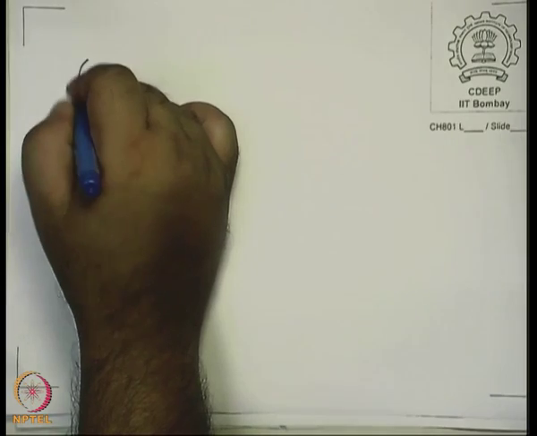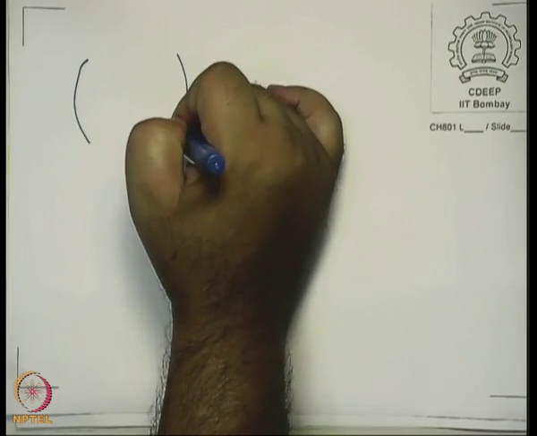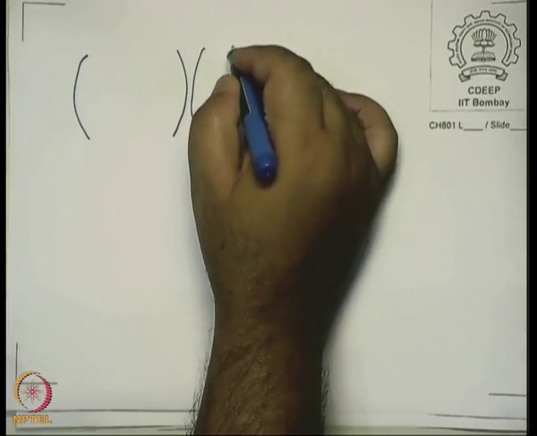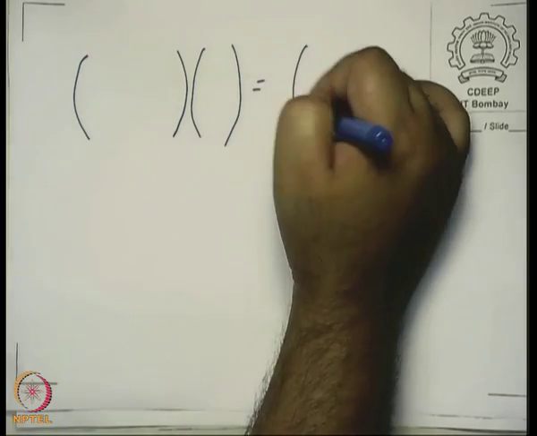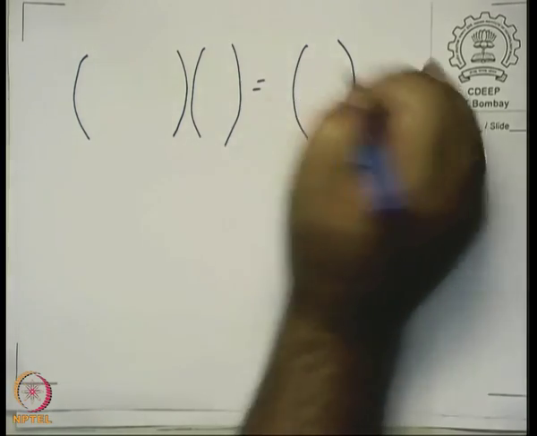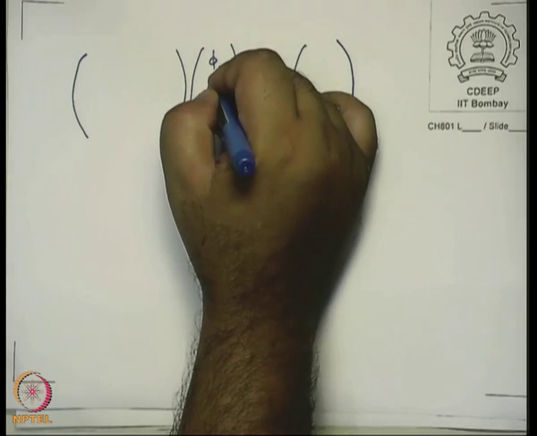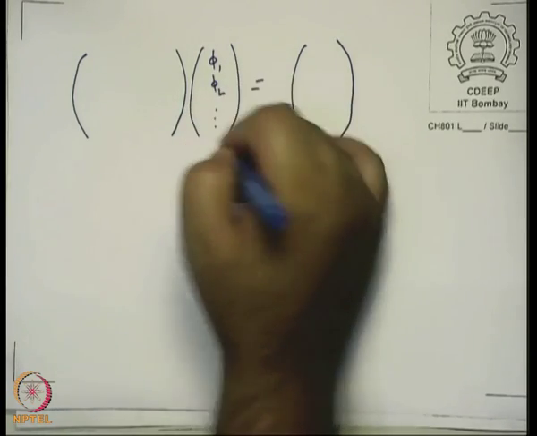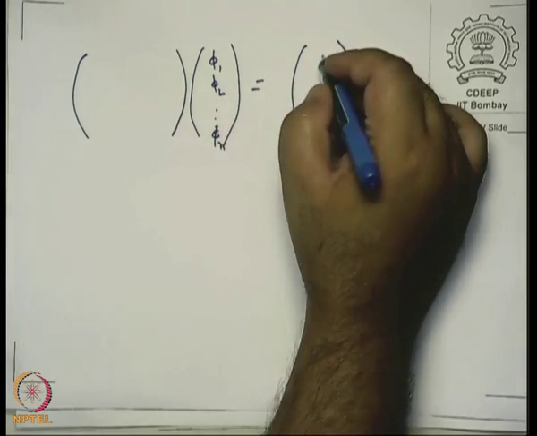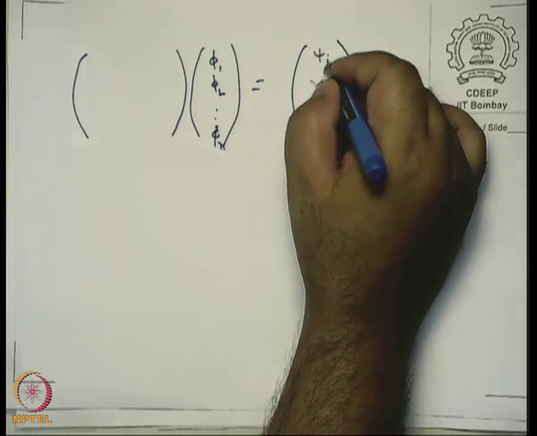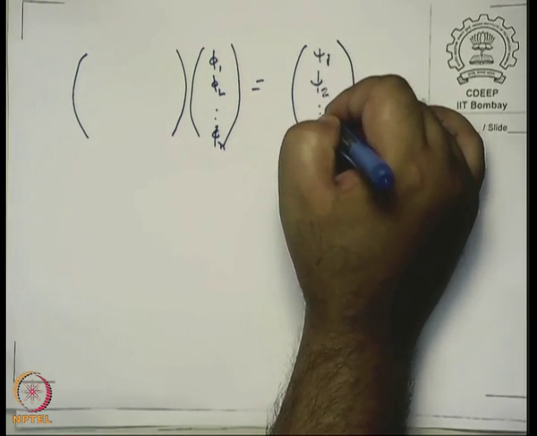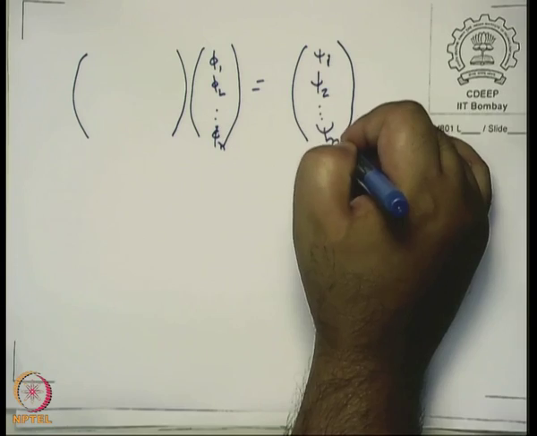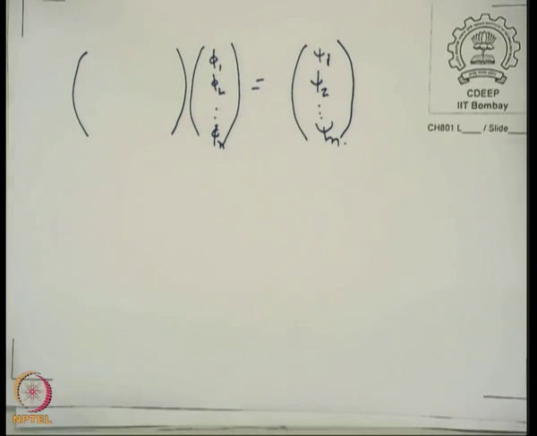Let me try to write a matrix equation. I will not write all the coefficients, of course, but this is what it is going to look like. Say phi 1, phi 2, so on and so forth up to phi n is equal to psi 1, psi 2, so on and so forth up to psi n. Are you comfortable if I write like this?